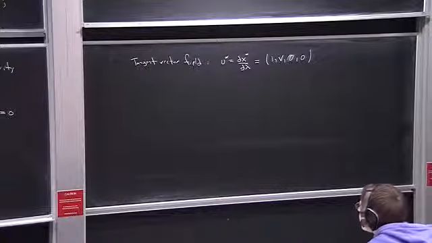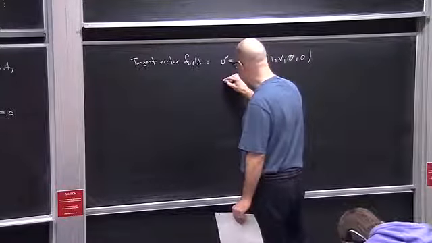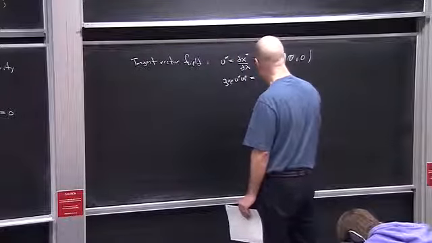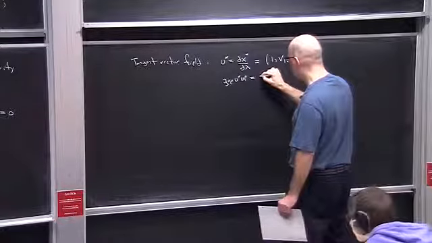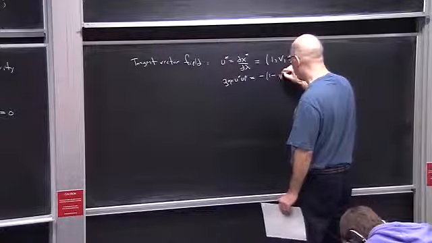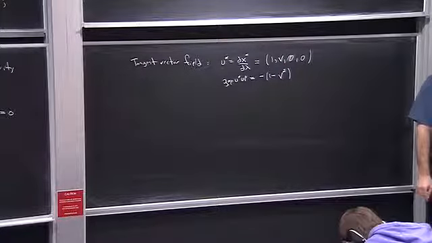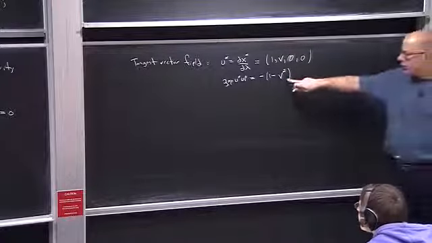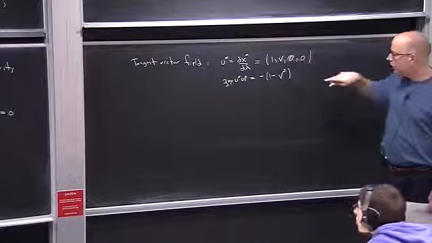So that's a very simple velocity vector, but one thing you'll recognize is that it's not normalized. The inner product of u with itself is going to be minus 1 minus v squared, so it's 1 over the usual gamma factor squared. I could have renormalized everything, factoring out this term to make everything normalized.